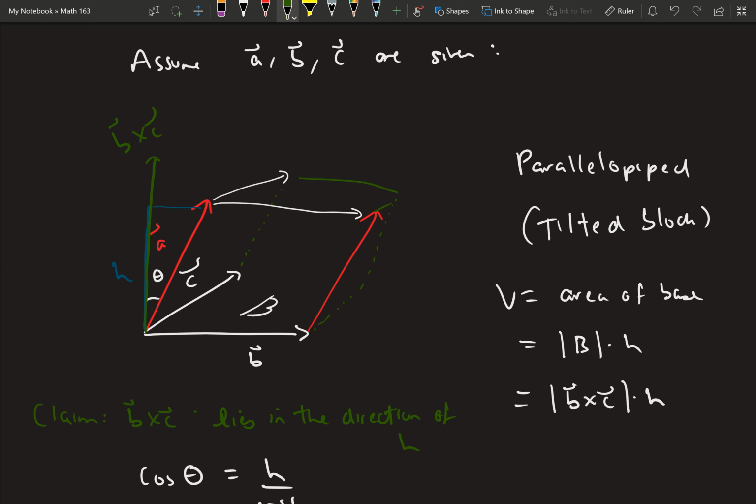And actually using the right-hand rule in this particular drawing, seeing that we're rotating from B to C in this direction, B cross C must lie above.